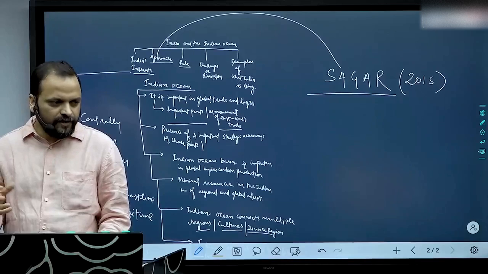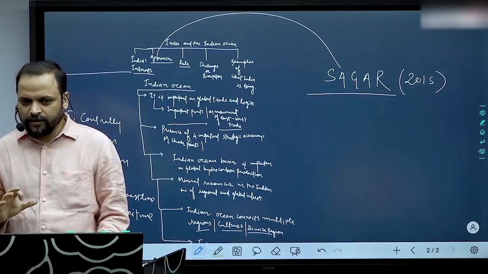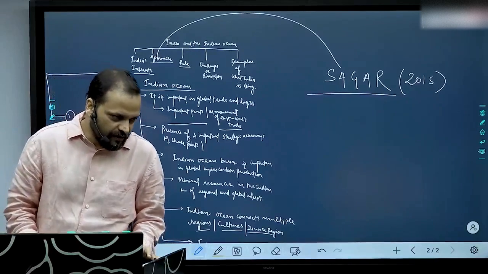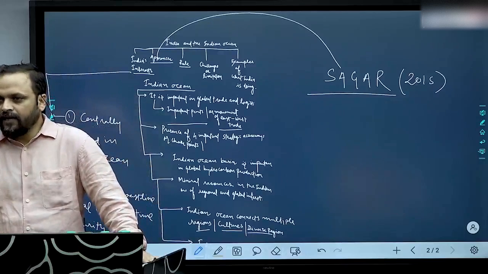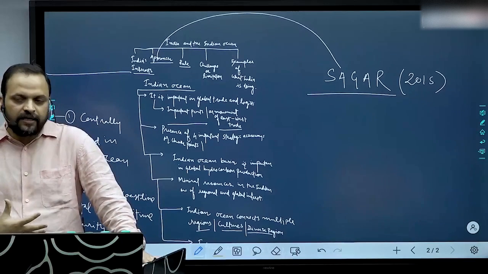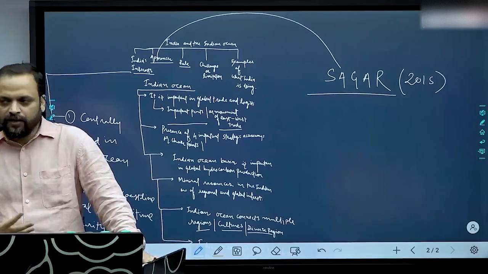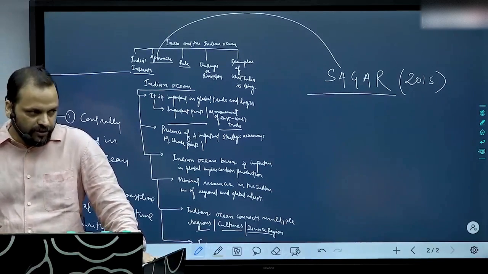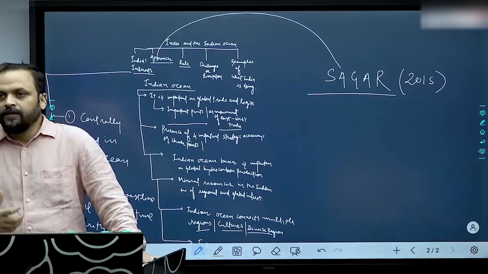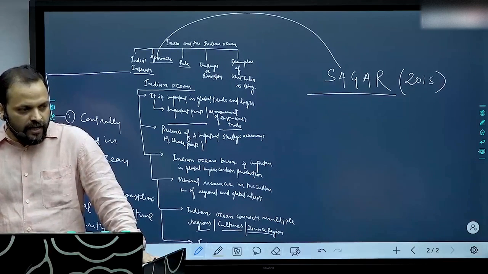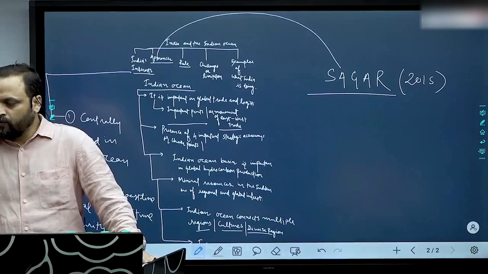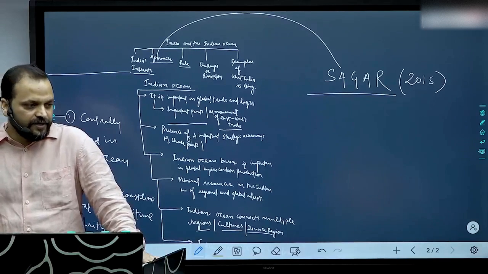In fact, we can only, in any true sense, call the US a truly blue water navy. So that is the idea that is there. The Navy thinks that it needs to develop capabilities to project power and to defend India's interests across the Indian Ocean region. It's a vast region. So that is also an addition to why India wants to become further active in this region.